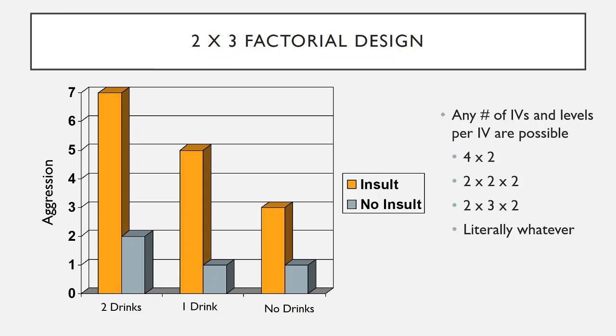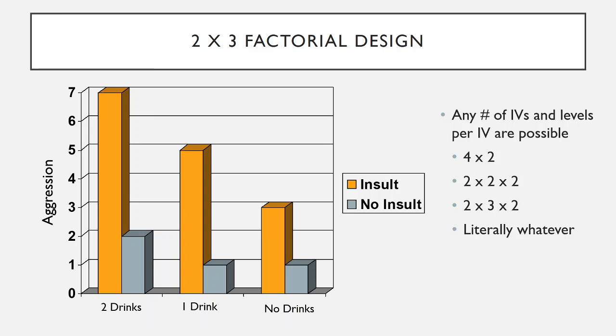Okay, so this is the basic way you use your factorial notation system. You can have any number of IVs and however many levels in any of your IVs that you want. So this can contain more than 2 IVs, or this can have more than 2 levels per IV.